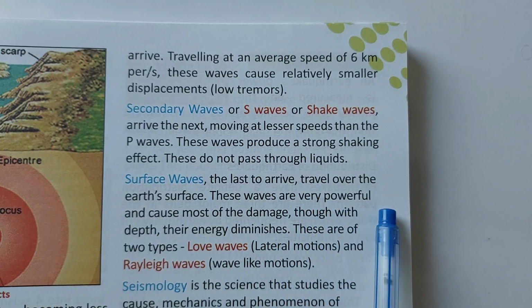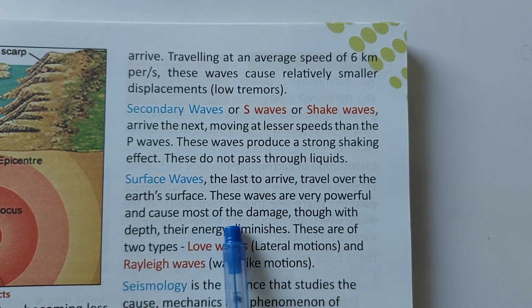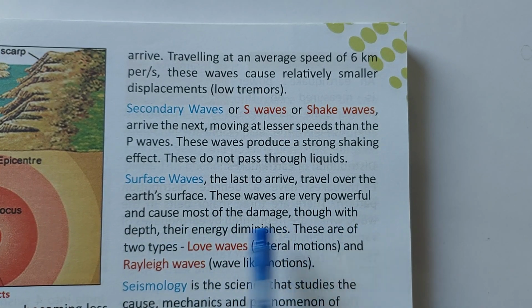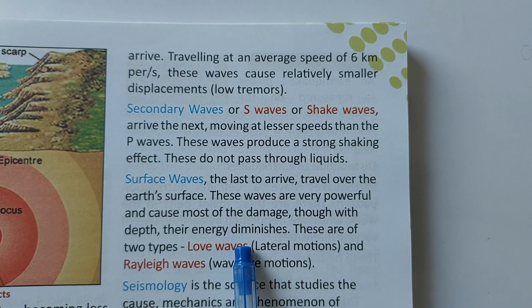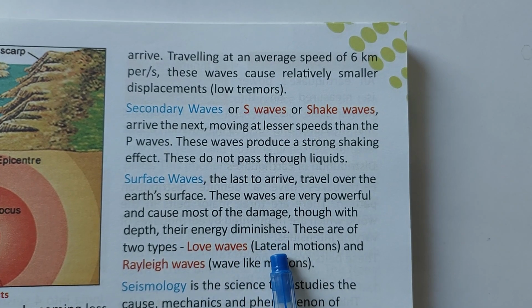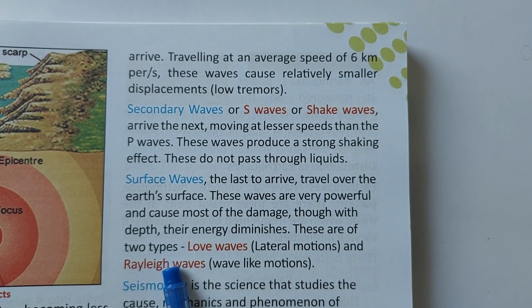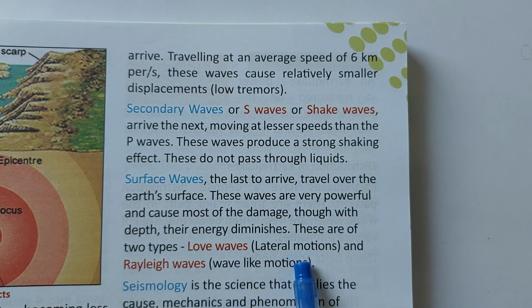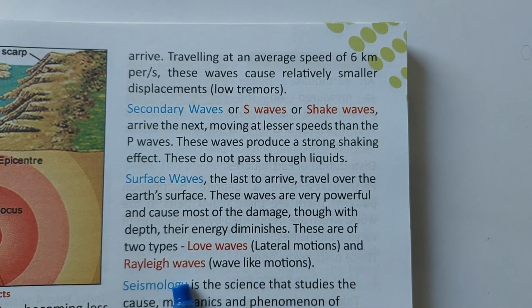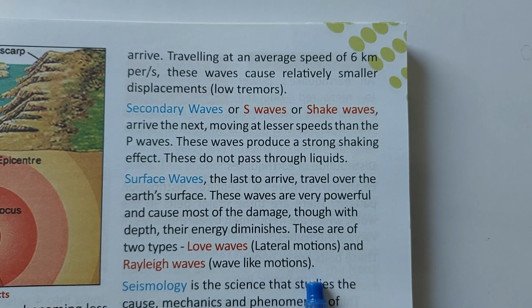These waves are very powerful and cause most of the damage, though with depth their energy diminishes. These are of two types: Love waves, lateral motions, and Rayleigh waves, wave-like motions.